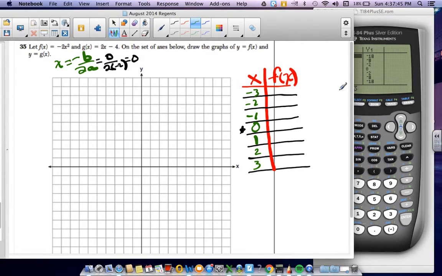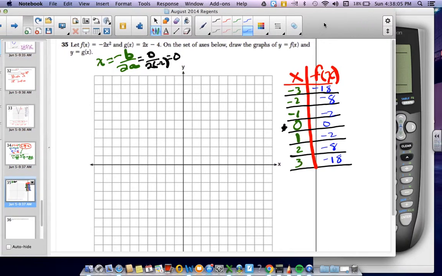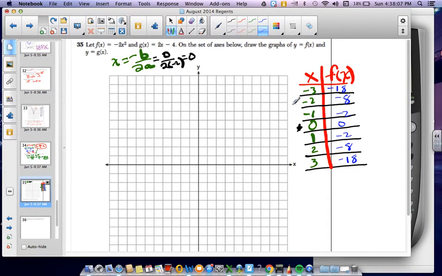Obviously we're not going to be able to fit some of these in, but copy them down nonetheless. It's going to be negative 18, negative 18. See the symmetry there? Negative 8, negative 2, negative 2, negative 8, and 0, 0. That'll be easy. Okay, so we're only going to be able to plot negative 2 to 2. You can see we have like a 10 by 10 graph here, so we're not going to be able to fit much more.